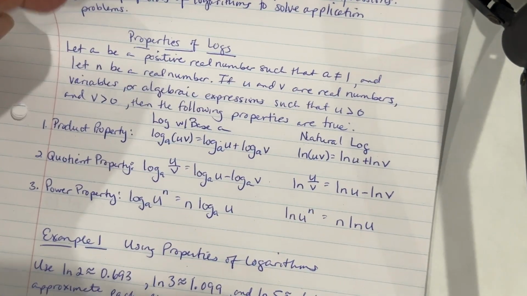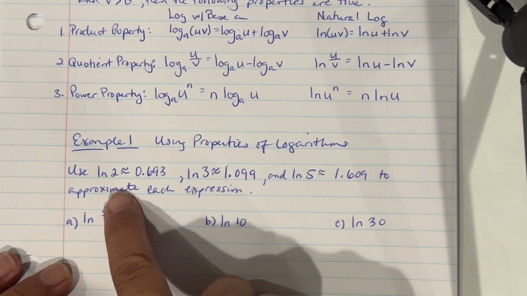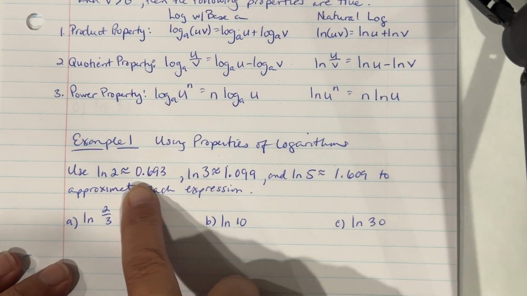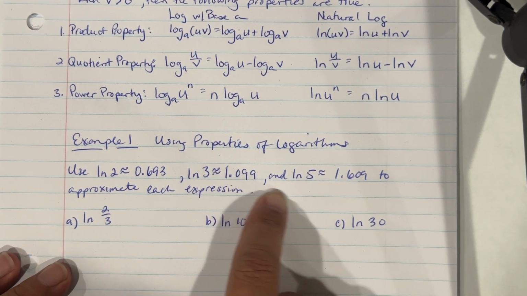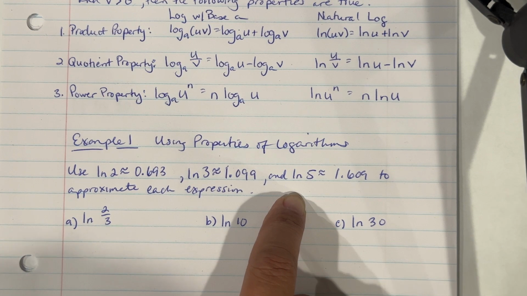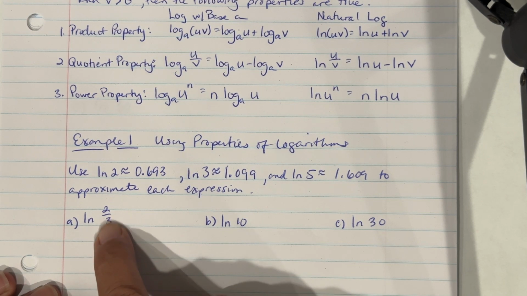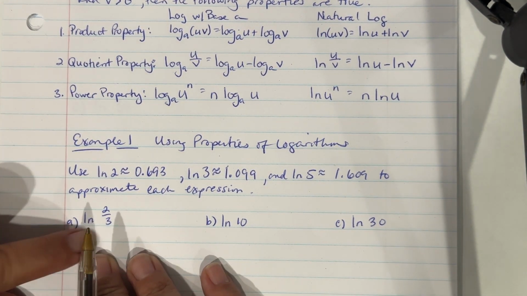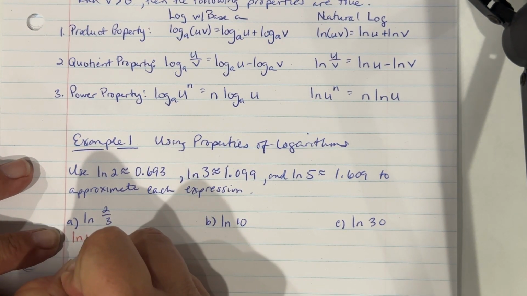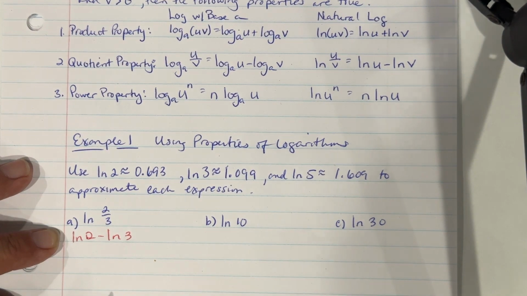So in example 1, we're going to use ln 2 is approximately 0.693, ln of 3 is 1.099, and ln of 5 is 1.609 to approximate each expression. So they want us to find ln of 2/3. First we're going to use our property. Since this is a quotient, it's going to be the ln of 2 minus the ln of 3.